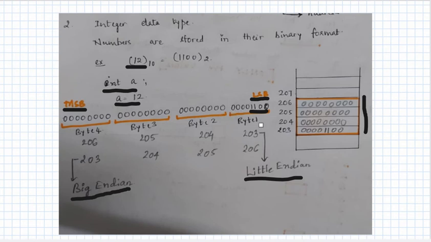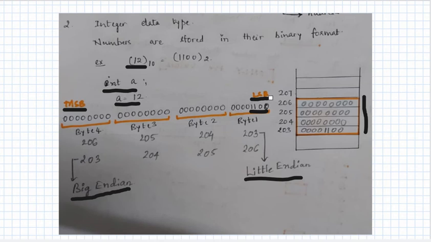Now these bytes, that is byte 1, 2, 3 and 4, might get the addresses 203, 4, 5, 6, or we might have byte 4 as 203, 4, 5 and byte 1 will be 206. That is, the lower byte might get the least address or the highest byte might get the least address. This again depends upon the architecture, how the bytes are stored.